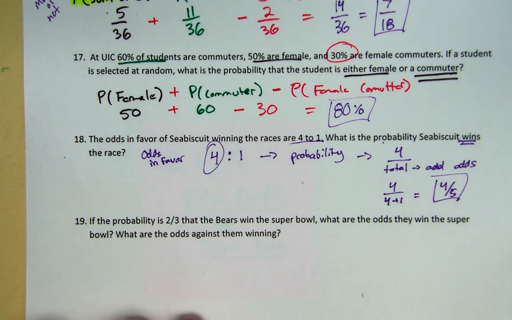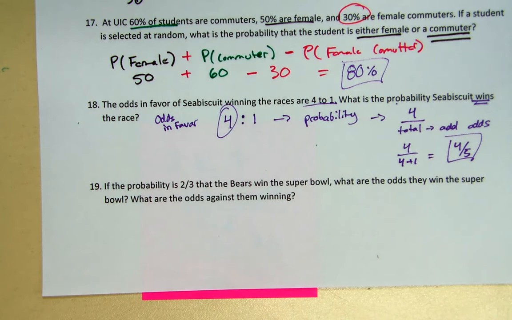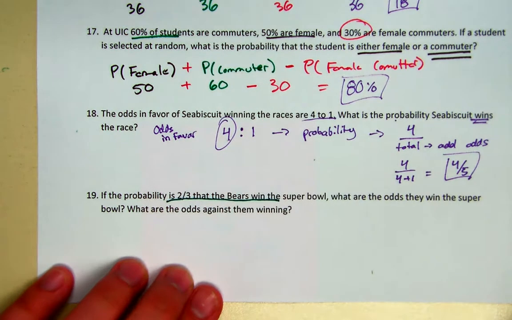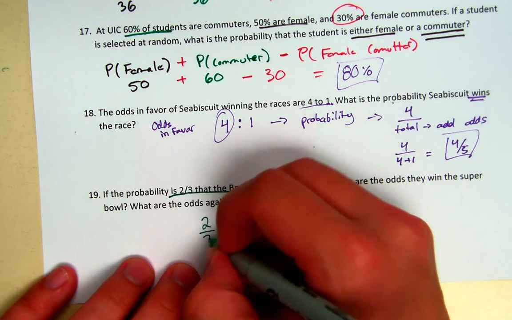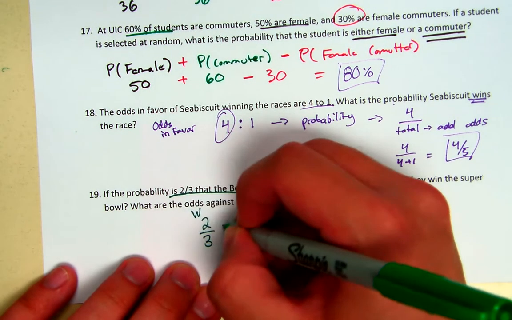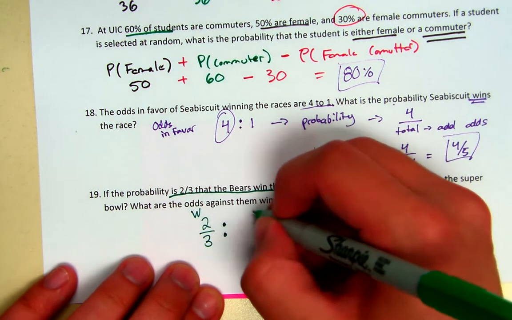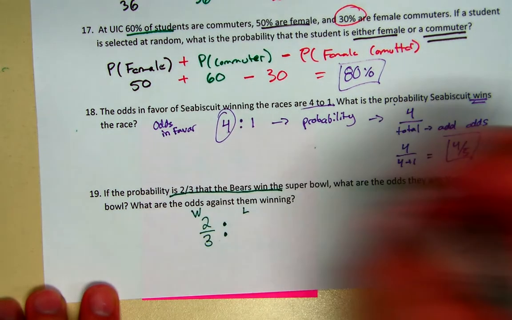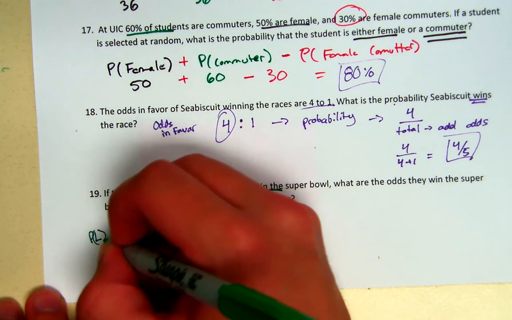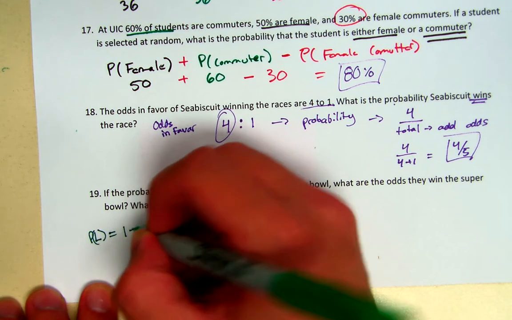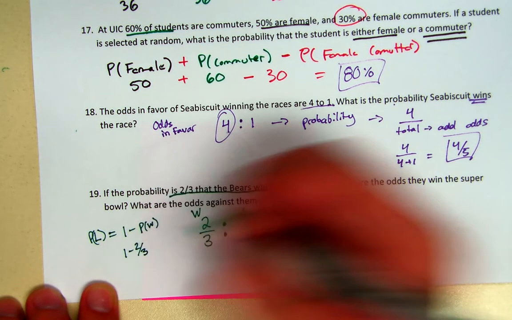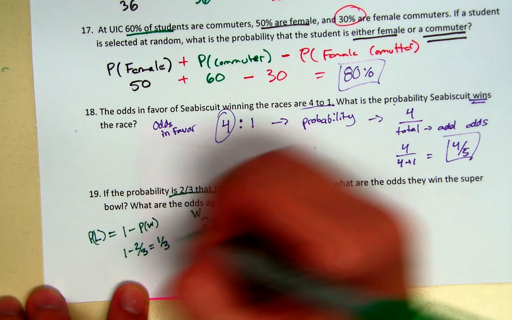Similarly, we can work backwards from that. So what if we're given the probability? The probability that the Bears win is 2/3. So 2/3 is winning to what? What's losing then? Well, if winning is 2/3, then the probability of losing equals 1 minus the probability of winning. So 1 minus 2/3 is 1/3.